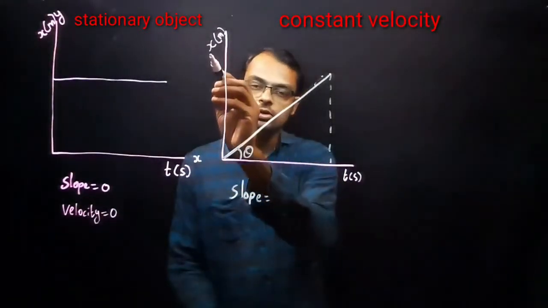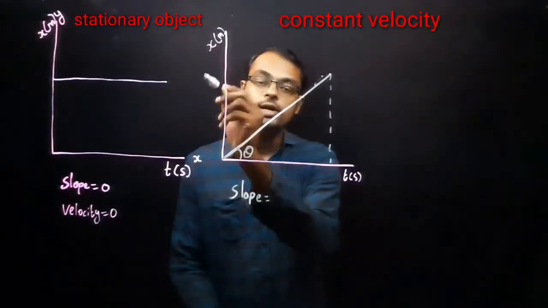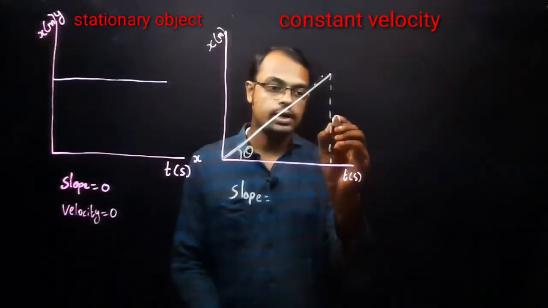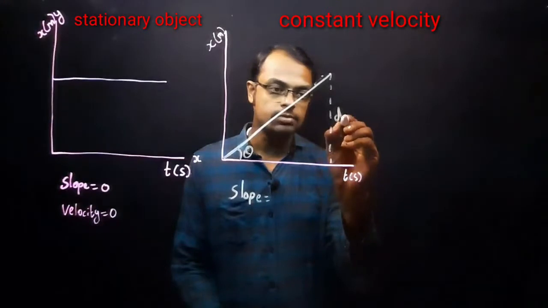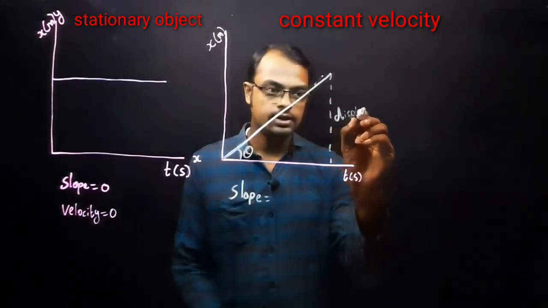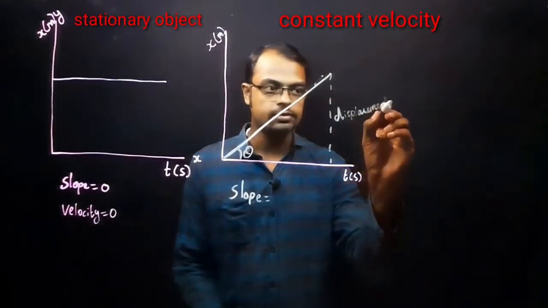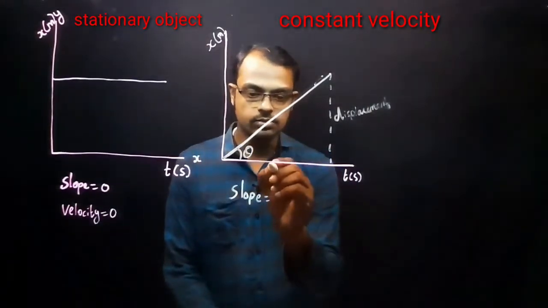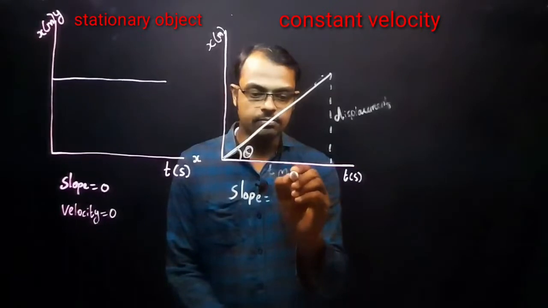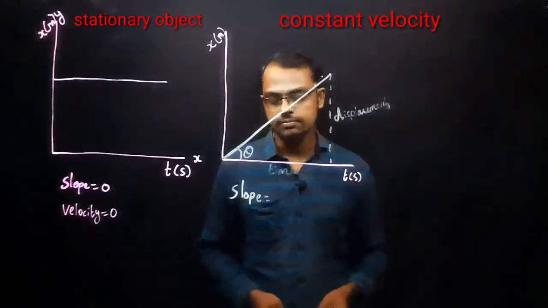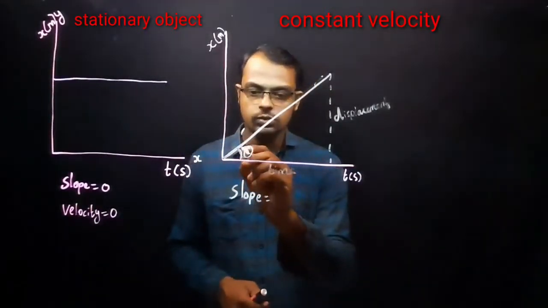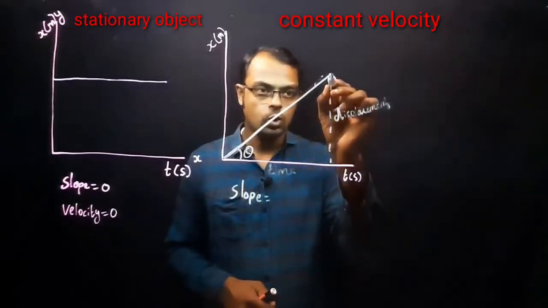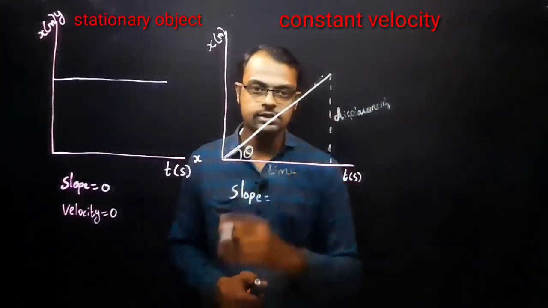What is along the y-axis? That is position, or in this case the displacement. So I am writing it as displacement. And along the x-axis, what do we get? Time. So slope is equal to tan theta, which is the opposite side divided by the adjacent side.